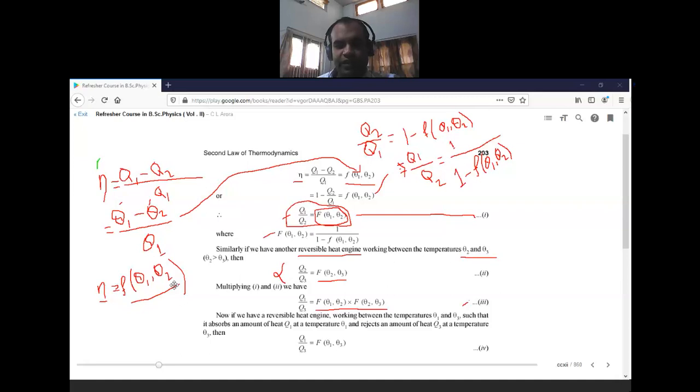Now let's see what's written next. Now if we have a reversible heat engine working between temperatures theta 1 and theta 3. Earlier we had a reversible heat engine working between temperatures theta 1 and theta 2, then we considered another working between theta 2 and theta 3. Now we have the expression Q1 by Q3.